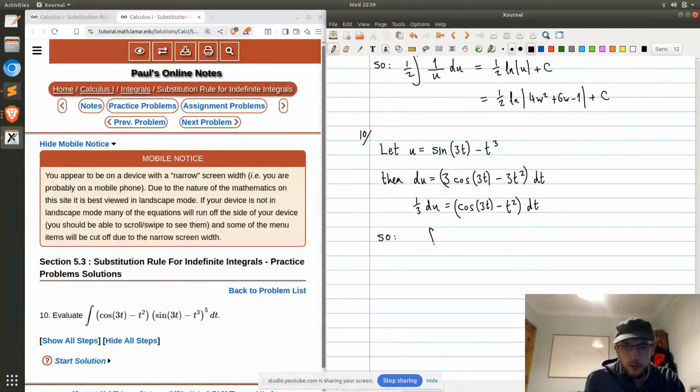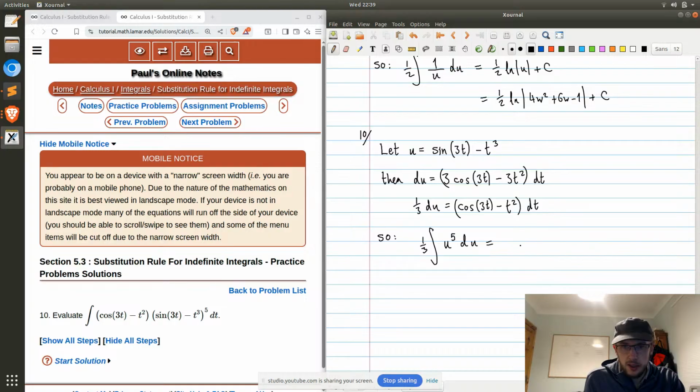So what becomes of the original integral? 1/3 over u to the 5 du.